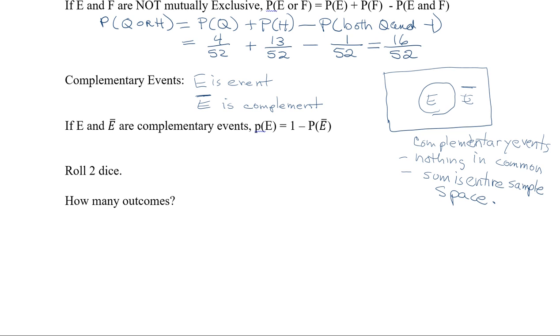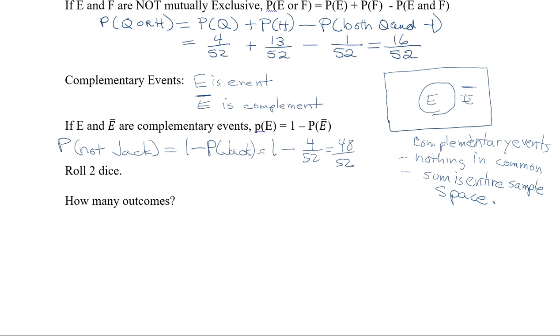So over here, if I ask, what's the probability of, let's say, not getting a jack when I pick 1 card, the complement of that would be the probability of getting a jack. And so this would be 1 minus 4 out of 52, which would give me 48 out of 52.